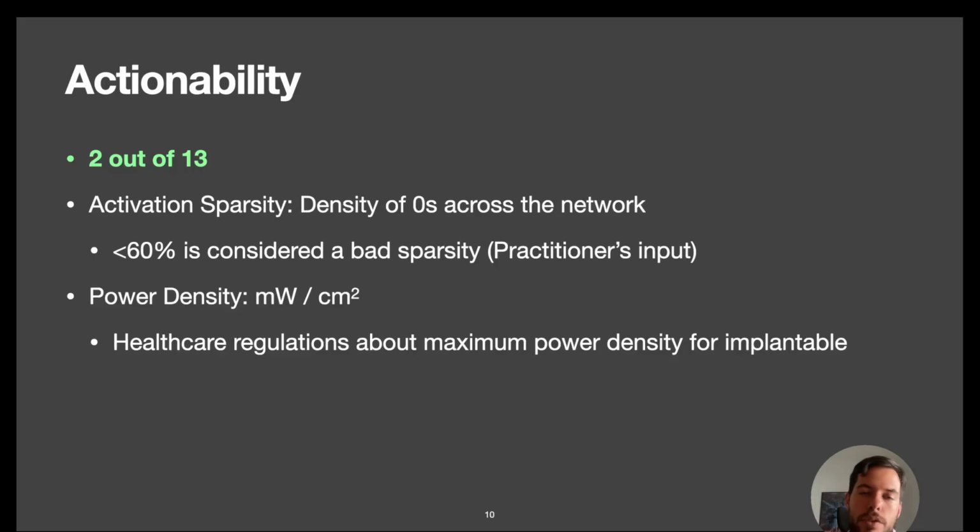According to regulations by the FDA in the US, but also healthcare regulations in Europe, there is a maximum power density you can give to an implantable chip to avoid damage or discomfort to the patient. So if your SNN or your neuromorphic hardware is above that power density, you know it's simply not valid and you need to redesign.